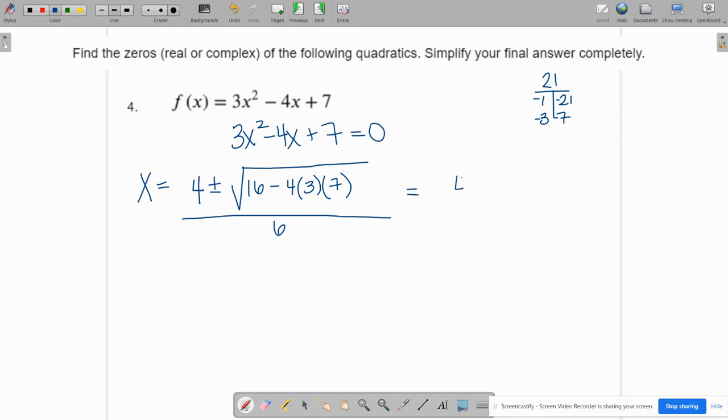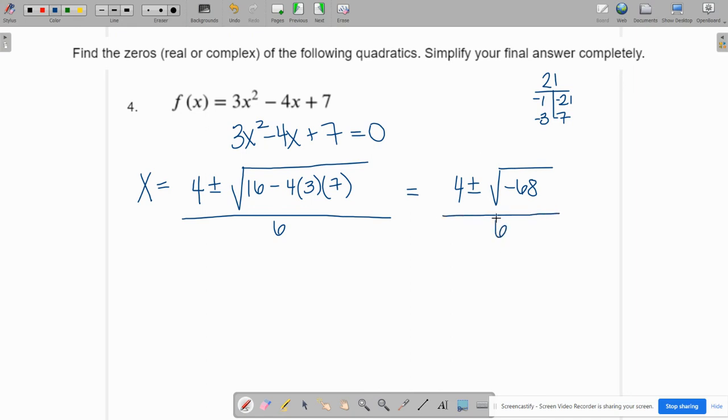So if you use your calculator, we would want to figure out what's our discriminant first. So 16 minus 4 times 3 times 7. Well, 4 times 3 is 12, and then 12 times 7 is going to be 84. So if I do 16 minus 84, I get negative 68. So our discriminant is negative 68.